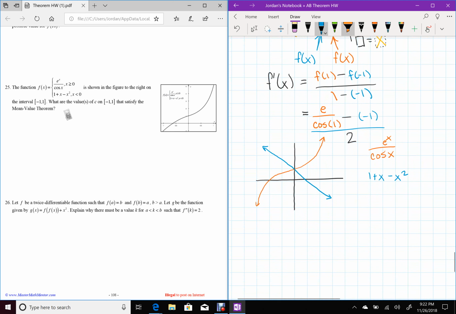And then in a completely different color, I'll choose green, and I get the line that looks something like this. That is our e over cosine of 1 plus 1 over 2. Okay, so that was y3, y2, and y1.